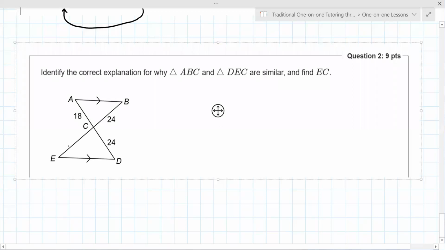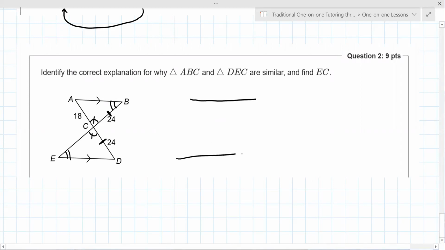Okay. So do you see that this angle is the same as this angle? Yes. That's vertical angles. This side is congruent to this side. Does that make sense? Yes. This angle is congruent to this angle down here, and that's by two lines.